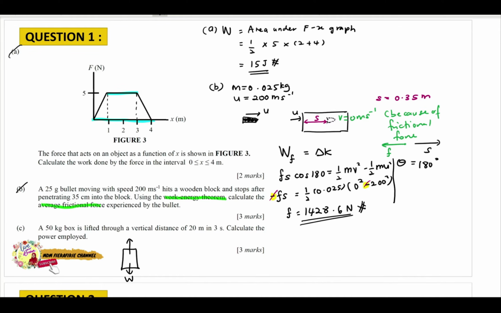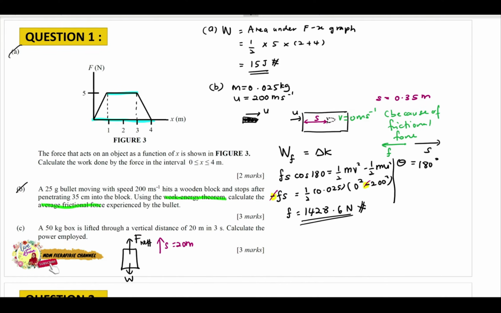So when the box is moving upward, means that there is a net force, where the direction of the net force is upward direction. Sebab itu dia boleh bergerak ke atas. 20 meter in 3 second. Okay, so F net dia adalah, direction dia adalah ke atas lah. Macam tu. Okay, so it's moving upward direction 20 meter.